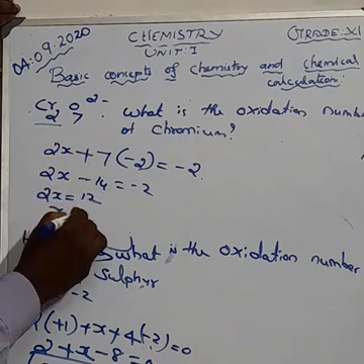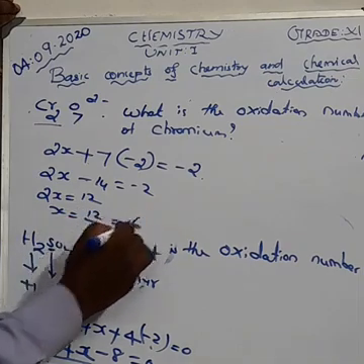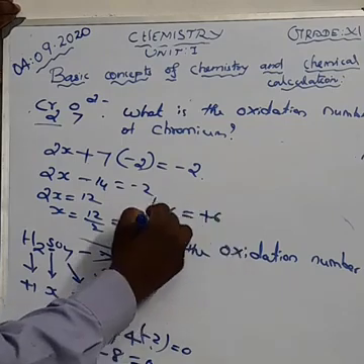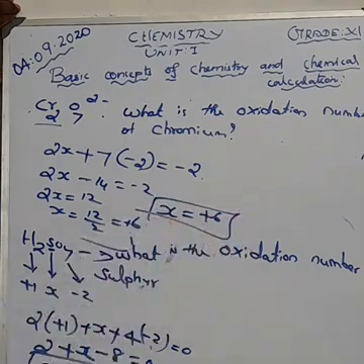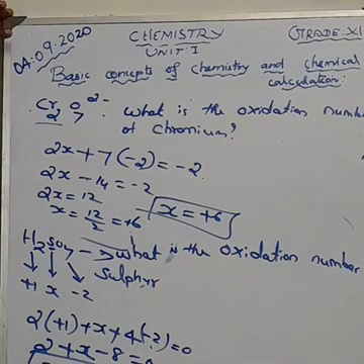X equals 12 by 2, which is 6, otherwise +6. So what's the value of x? X equals +6. This is the oxidation state for chromium, Cr. Can you write? Yes or no? Then, next compound.